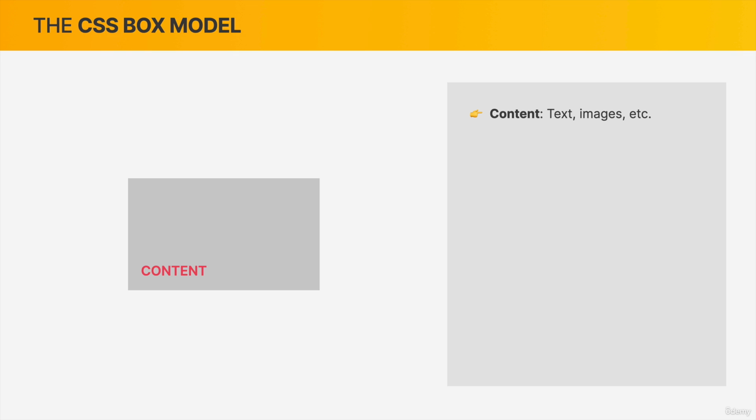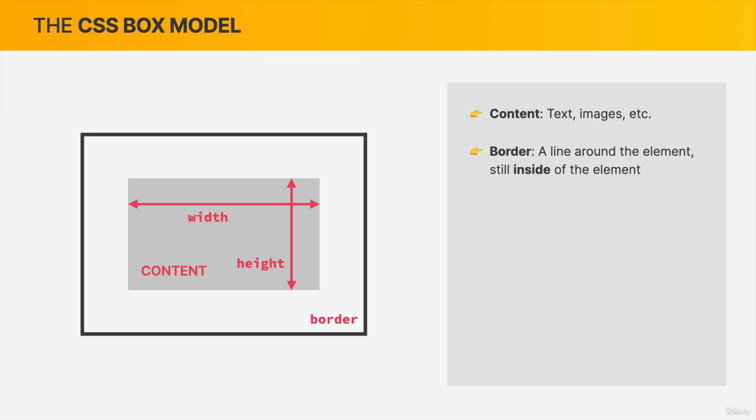Using CSS properties, we can specify both the height and the width of the content area, which we will do in one of the next lectures. Next, we can define a border that goes all around the element. And actually, we already did that before, remember? And by the way, this border is technically still inside of the element.